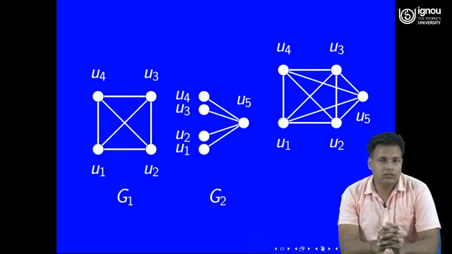So G1 union G2 consists of 5 vertices, namely U1, U2, U3, U4 and U5. And now you can see that in G1 union G2, U5 is adjacent to all the 4 vertices U1 to U4, because in G2 it is adjacent to all the 4 vertices of G1.